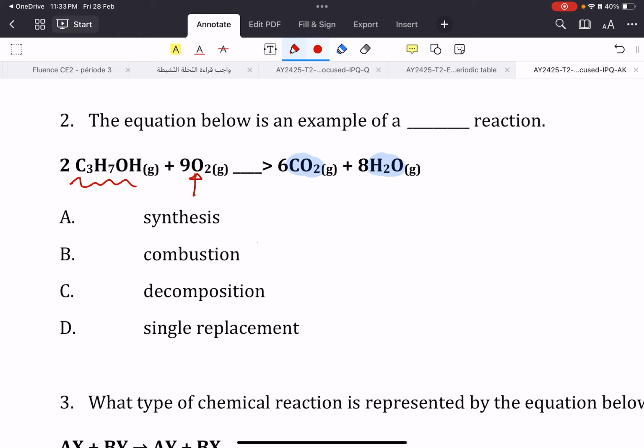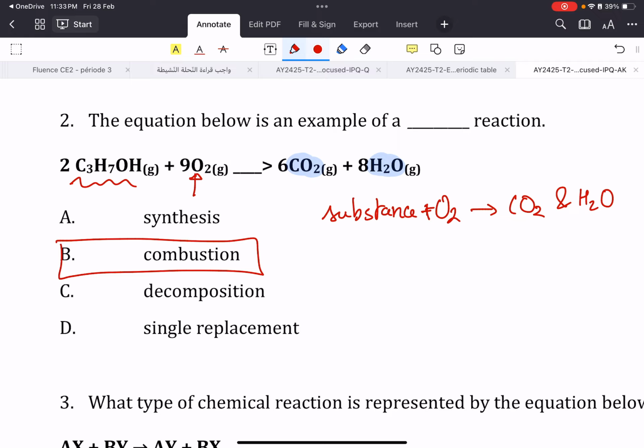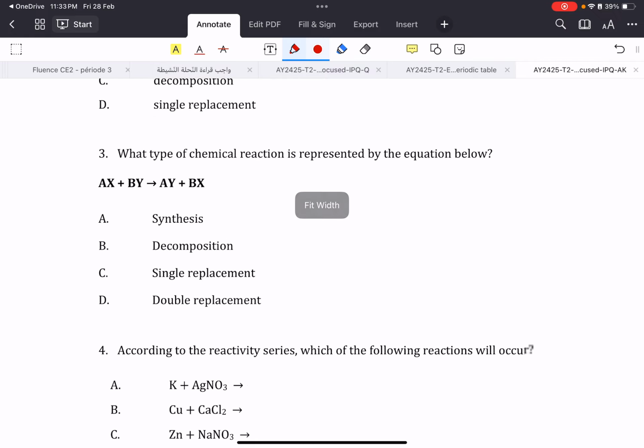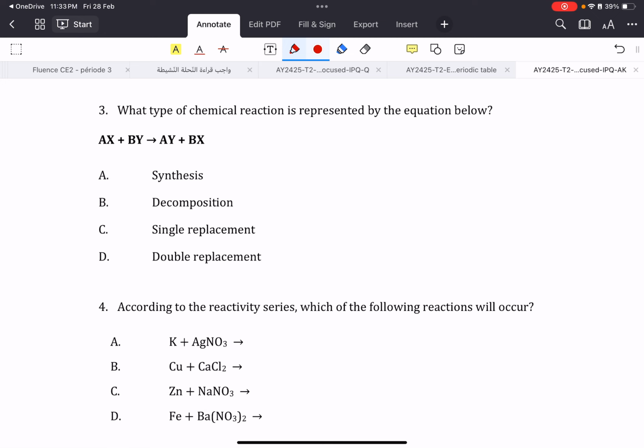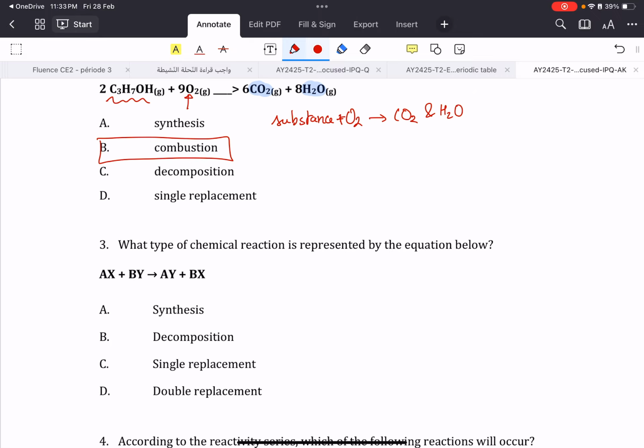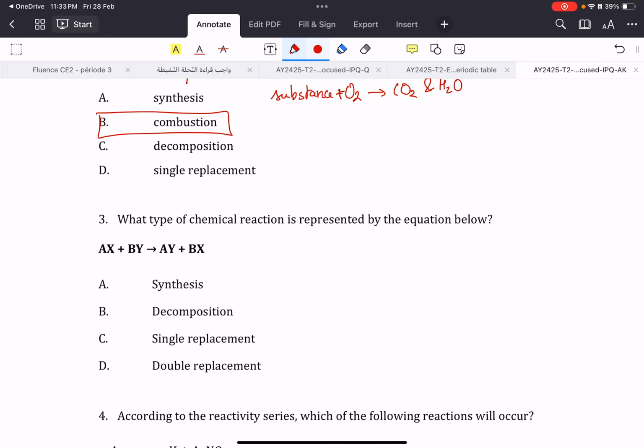When in a reaction I have a substance added to O2, and specifically we obtain CO2 and H2O, in this case we are talking about a combustion and not synthesis. This is a combustion reaction. So you have to confirm that the products are CO2 and H2O, and in the reactant you have O2, therefore it will be a combustion reaction.